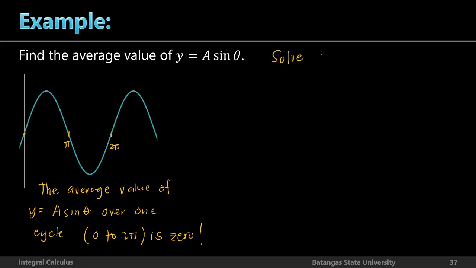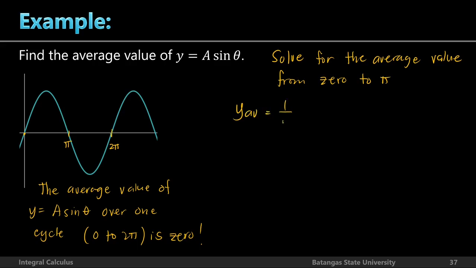Let us solve for the average value from 0 to pi. So that will be y ab equals 1 over pi times the integral of the function, which is a sine theta d theta from 0 to pi. Now let's integrate.